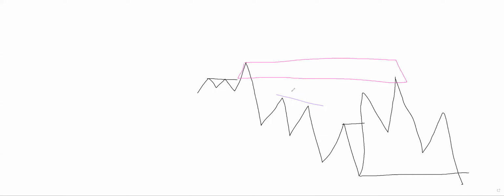Okay. We can call this trendline liquidity right there. We can call this inducement right here.